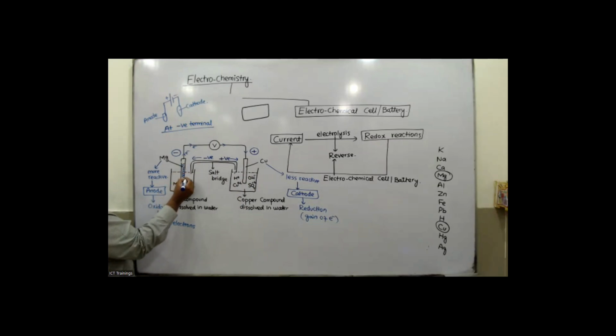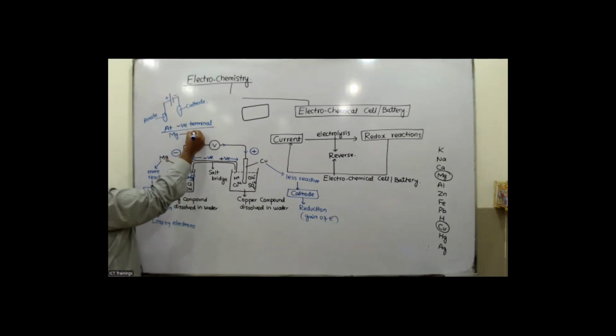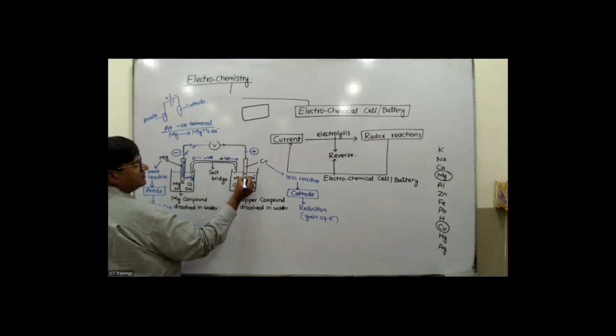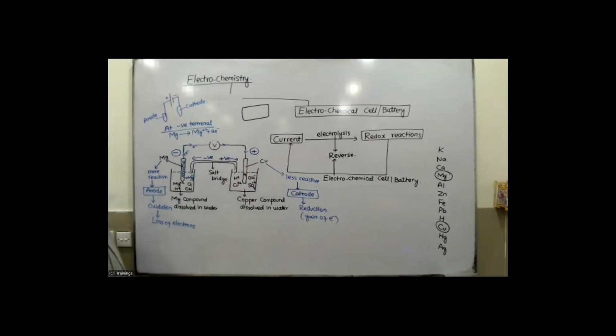So one of the magnesium atoms will break to form a magnesium ion. So magnesium will break to form magnesium ion and electrons, like that. The ion will come into the solution and the electrons will travel from the negative towards the positive terminal, like that. Okay.